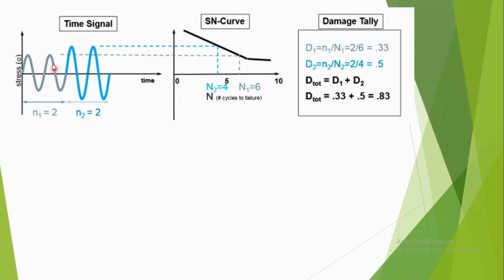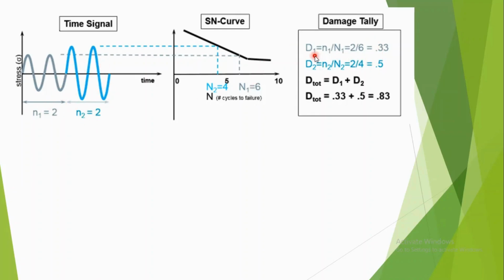This cyan color cycle, its total life is 4 cycles, and this gray color cycle, its total life is 6 cycles. These are the cycles up to failure, and in the actual loading condition we have two cycles this component has run for.